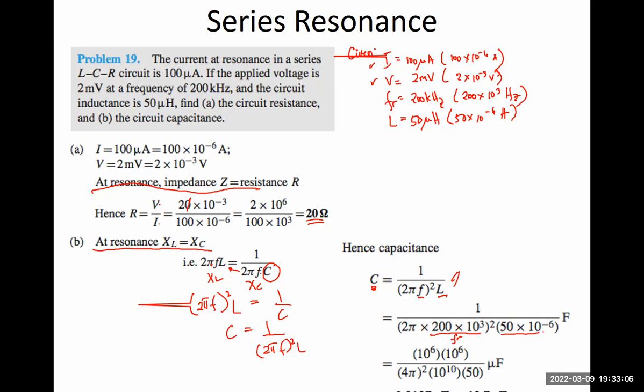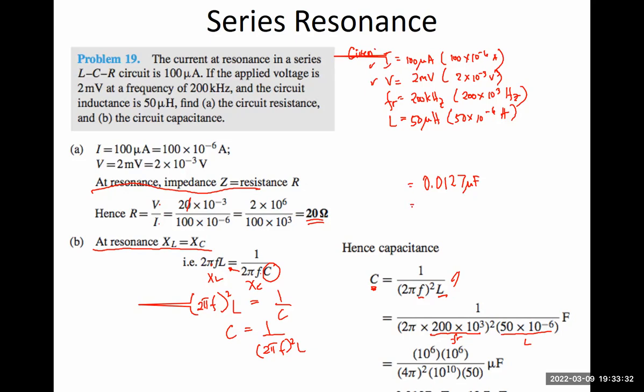And this is now our L, which is equal to 50 times 10 to the negative 6 Henry. So if we do that with our calculator, that is equal to 0.0127 microfarad.